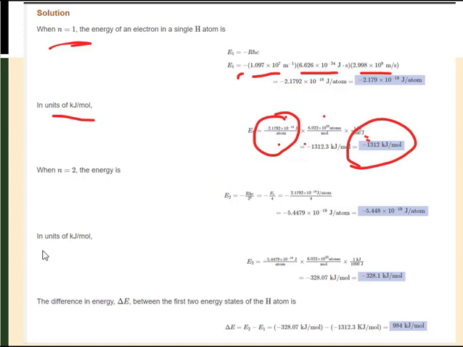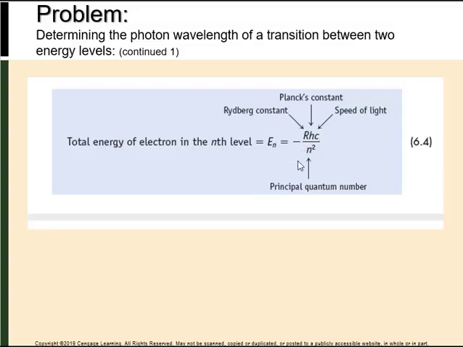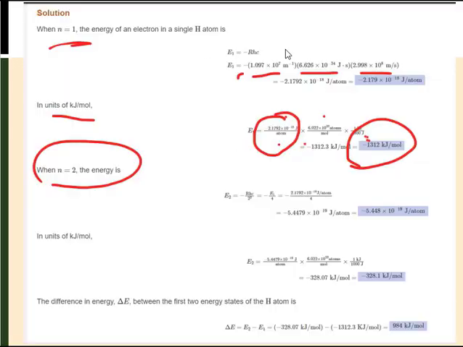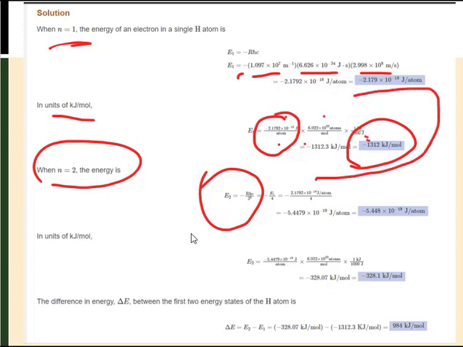Now, when n is equal to 2, I've got to look back at this equation. When it was 1, 1 squared is just 1, so having that whole equation divided by 1 is equal to having that equation by itself. But at the second energy level, notice that I had to do my negative RHC over 2 squared. So I'm going to take the answer that I got from up here, because that's the top number, and divide it by 4.